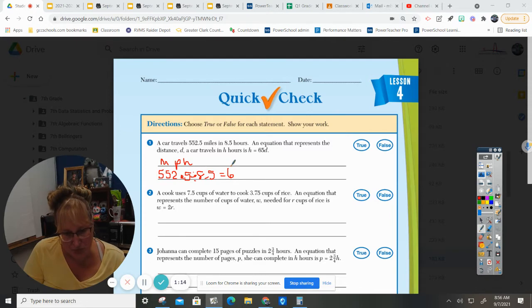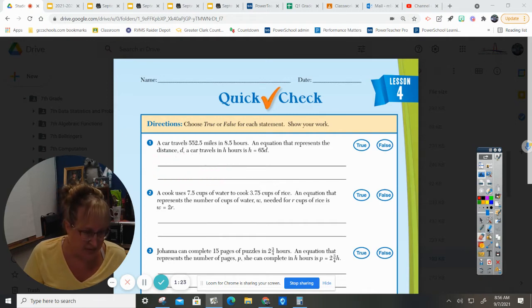So I don't even need to do all that. So I'm going to erase it. And the reason why I'm doing that is because since it's giving me hours and it's giving me miles, I can just plug it in.